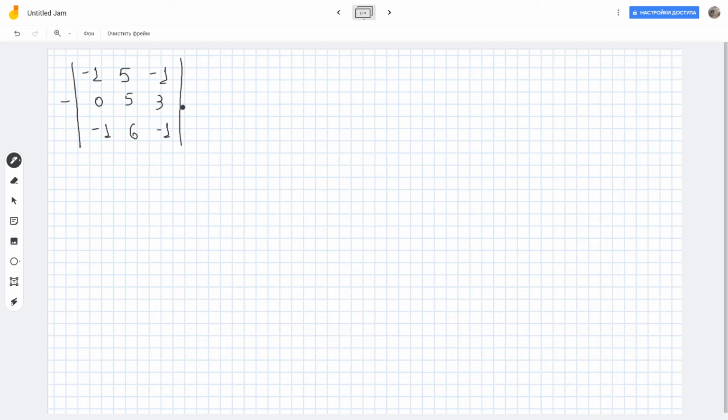So we can change these two rows to get rid of the minus sign, because it's very convenient, because we can forget about it later. So let's do this operation. So we put the second row on the first place and get rid of minus sign.